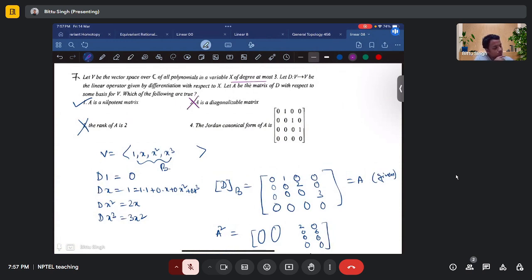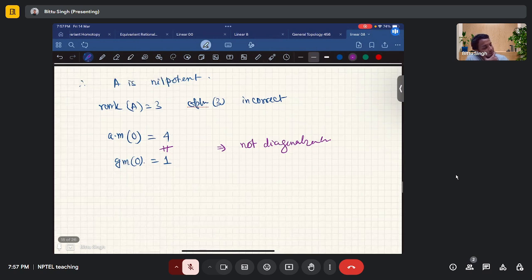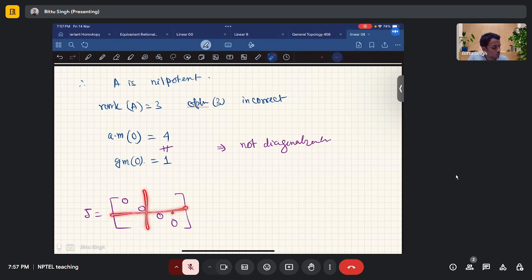Now we need to see what is the Jordan form. So from here it is clear that the Jordan form J will be like this. Only 0 is the eigenvalue, so we just put 0 in the diagonal. Now there can be lots of possibilities of blocks, right? For example, those kind of blocks may appear, or those two blocks and there is another block.